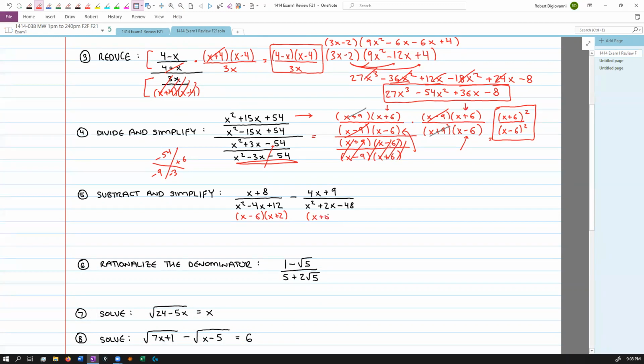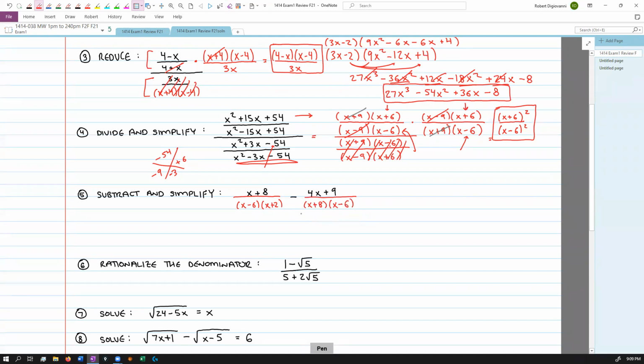So x plus 8, x minus 6. Okay, so when we look at this, we can basically rewrite this. X plus 8 over this thing. Trying to save myself some room. And this one, that over this factored.